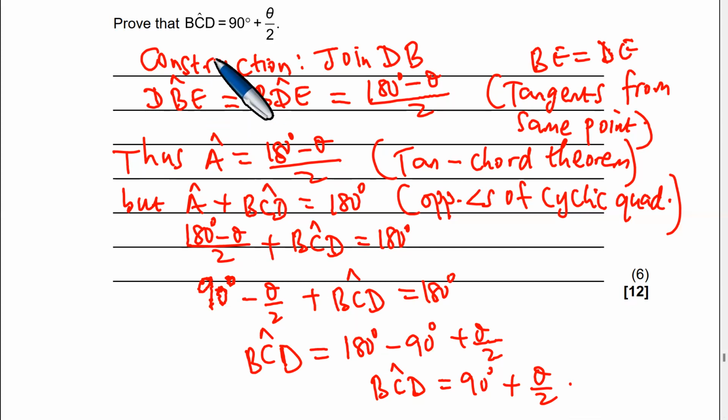And it's exactly what we're to prove here, that BCD is equal to 90 degrees plus theta over 2. And we've proven that, and we are done.